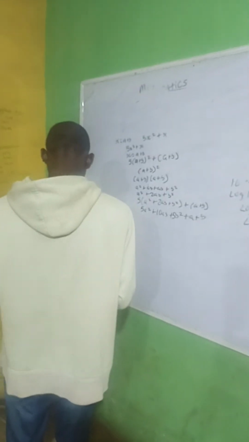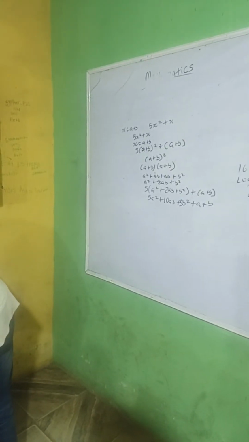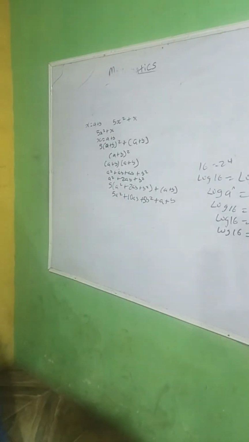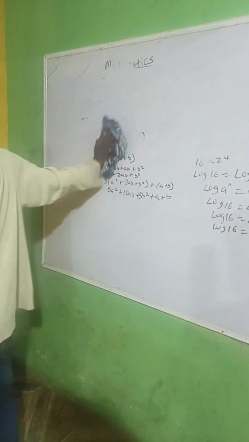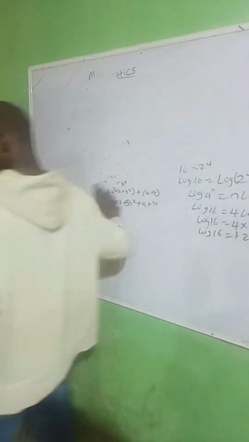So let's solve the question for people that don't understand: 3d squared e plus 8d squared. Has everybody understood? Have people understood it? So let's move to the next question.